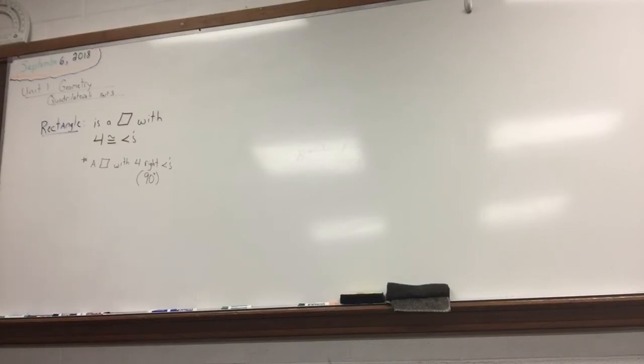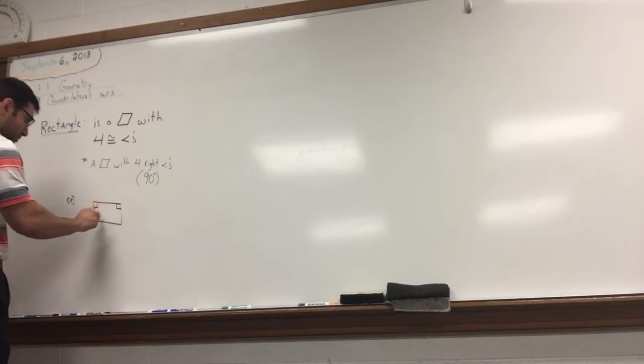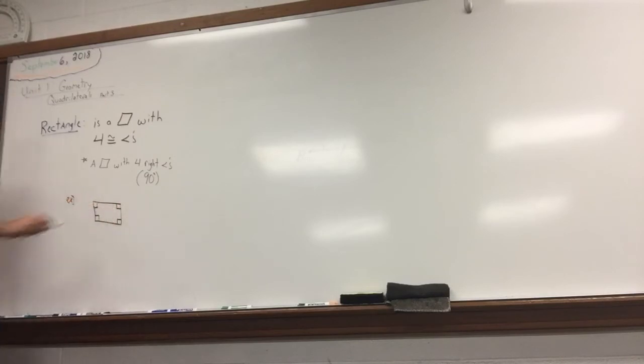So if I draw a rectangle, I can show that it's a rectangle by the bare minimum amount of drawing. If all you saw was this, you could call it a rectangle. There are 4 right angles, therefore immediately you know that it is a rectangle.